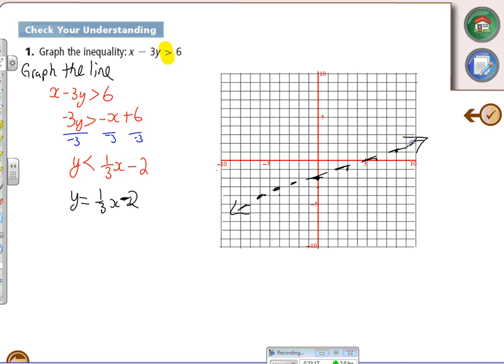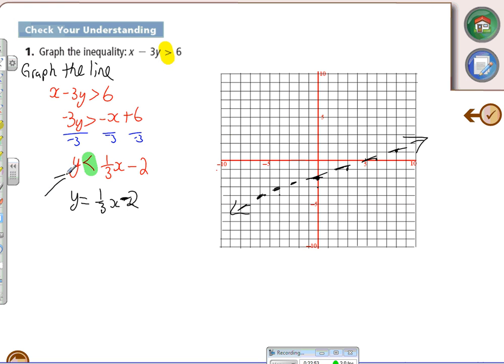And now we have to decide, where do I shade? Do I shade above or do I shade below? And this here is where you find out. Don't go to the original in this one. Go to when you have y isolated. Y is representing all of the y values. The shading is less than, below the line.